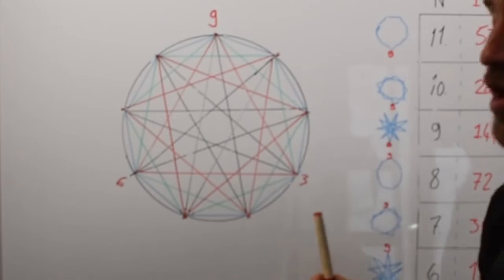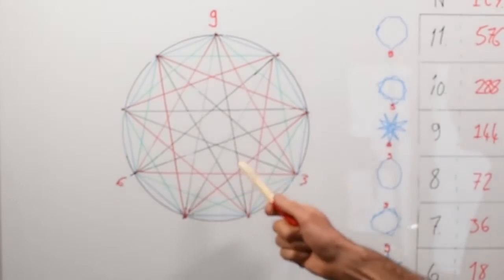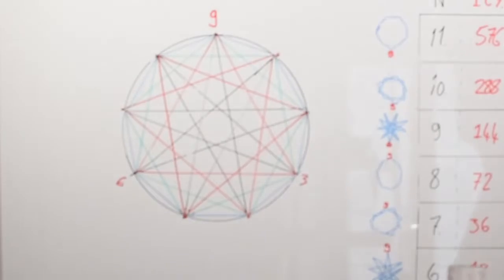And there we have it. We've got our 9-pointed star, which is made up of 3 triangles.